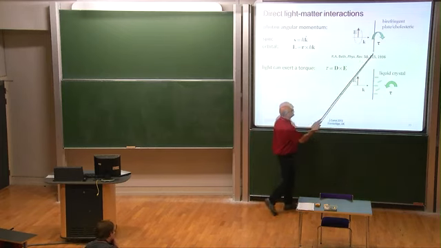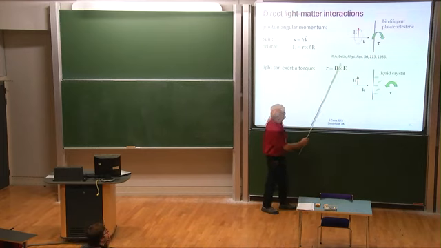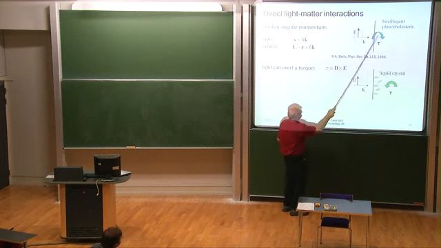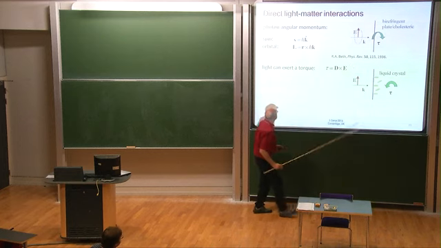And you can do the same thing with cholesterics. So when circularly polarized light shines in a cholesteric, it exerts a torque. Now, if circularly polarized light shines on a mirror, a metal mirror, it does not exert a torque. Its spin remains the same, direction of propagation changes. But it cannot exchange momentum. But with a cholesteric, it can because of the chirality. And so light exerts a torque, and the same handedness of light is reflected.